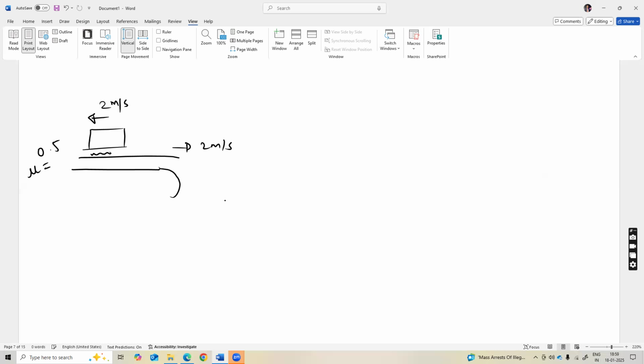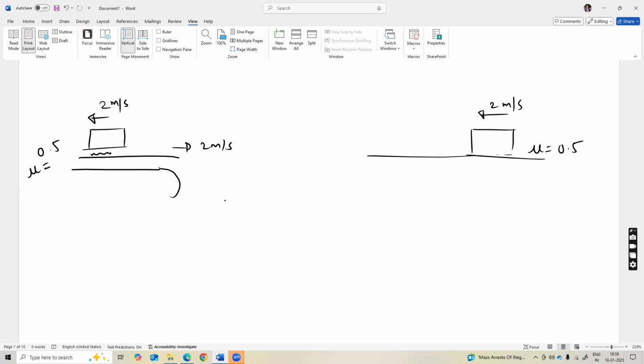Or you can simply consider that the conveyor belt became stationary and this mass is moving with velocity 2 meters per second towards the left, and the coefficient of friction is given as mu = 0.5.